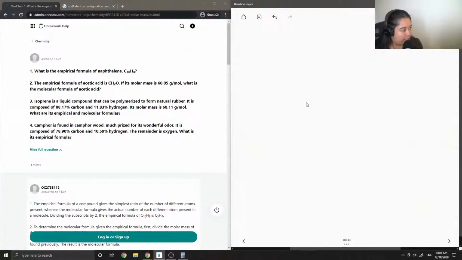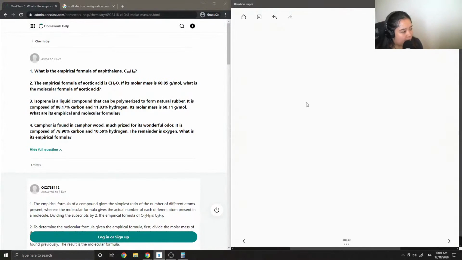Okay, so question 1 has 4 different parts to it. The first part asks, what is the empirical formula of naphthalene? Part 2, the empirical formula of acetic acid is CH2O. If its molar mass is 60.05, what is the molecular formula?